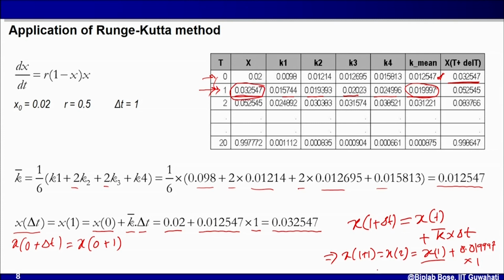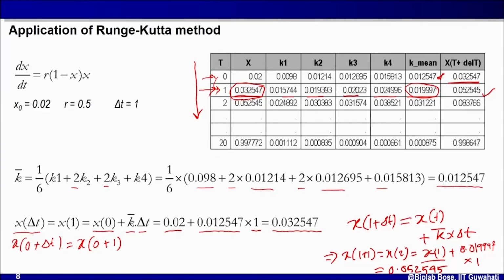So if you sum up, you get the value of x at 2, that is this value, 0.052544. So in this way, you can keep on calculating these 4 slopes at each x as you are increasing time by delta t, and can calculate the value of x at the next time point.